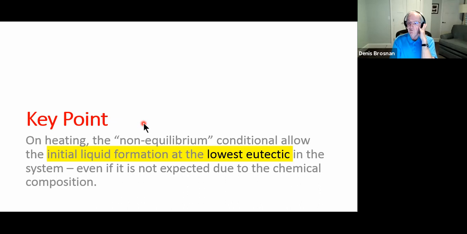The final composition is where the system's going at high temperature. It shows us the direction. It shows us the path, but it doesn't show us the starting point. The starting point can be somewhere else. A very important point in sintering.